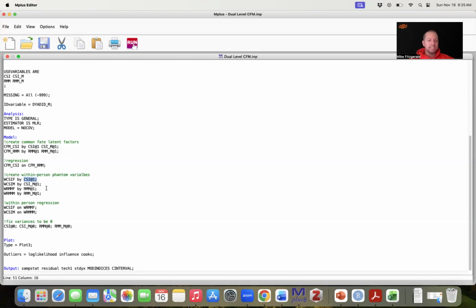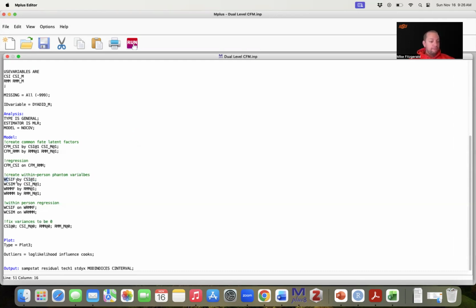They're going to be perfectly correlated, which essentially means that we're not really changing the parameters. Remember that I said that what we're doing here is not going to mess with the regression coefficients at the dyad level. Well, that's why. It's because we have these fixed to one. This is also done for identification purposes.